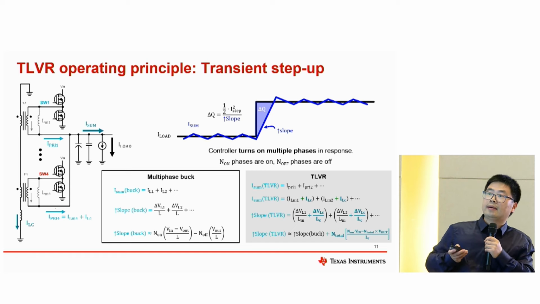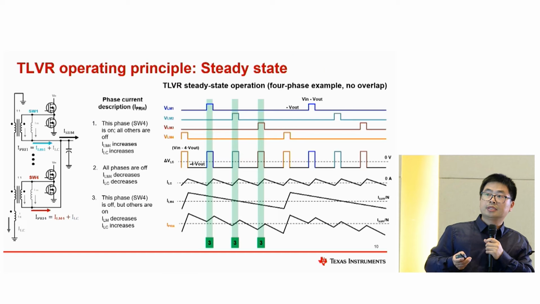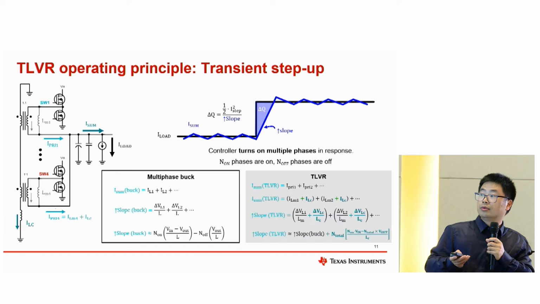But for TLVR, as we mentioned before, the current here is equal to the magnetizing current plus the LC current here. So we can get this, the sum equals this, and we can get the equation here.